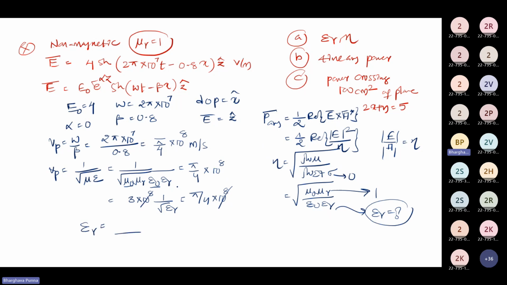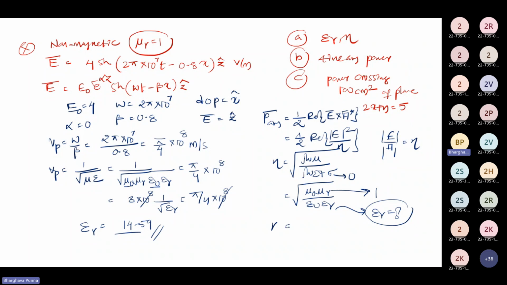So you can calculate epsilon r from this one. How much are you getting for the epsilon r value? 14 point something. 14.59 we will get as epsilon r. And we don't have units for epsilon r, you keep it like this. Now you have the epsilon r value. As I said, we can get the eta value from this one.